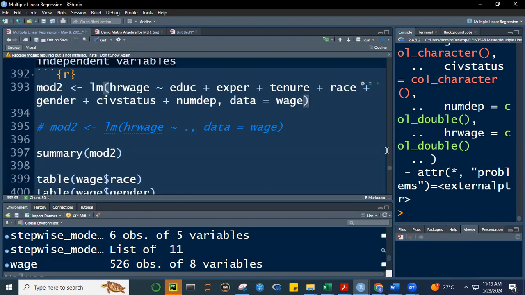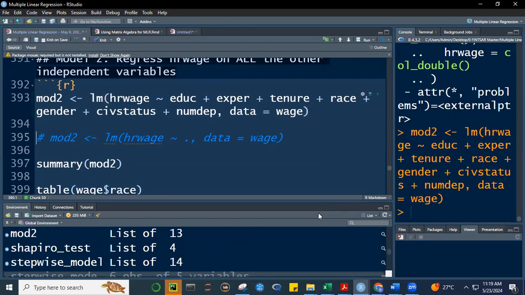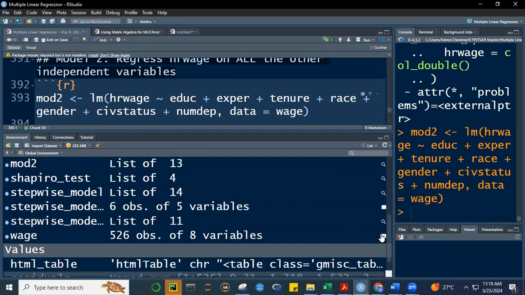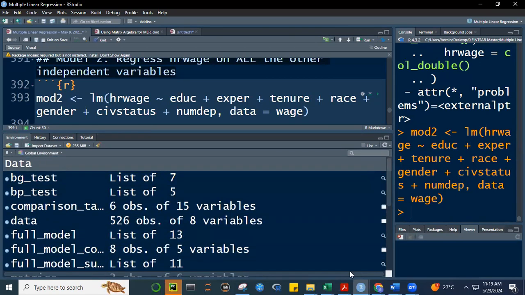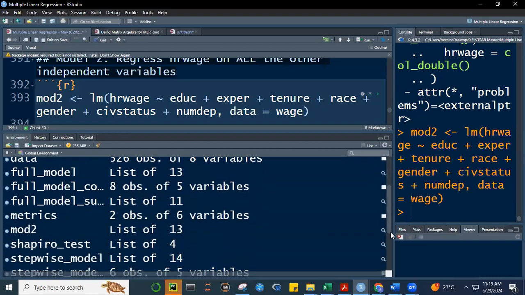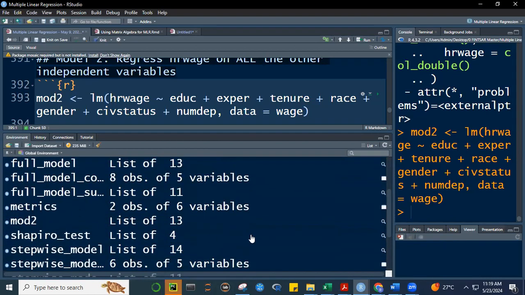If I run this, you'll find here an object under our data called model 2, a list consisting of 13 elements.